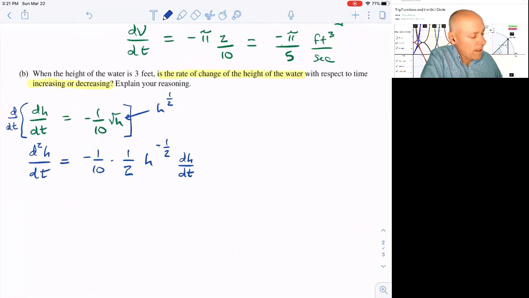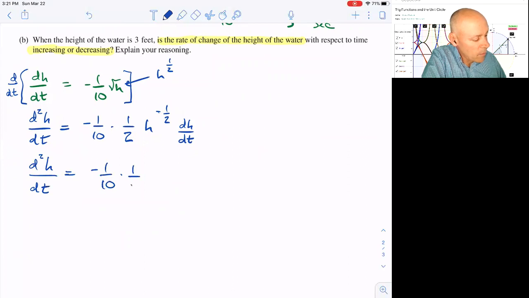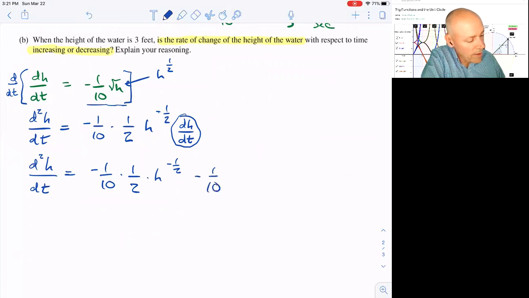All right. So I'm asked to find the rate of change of the height of the water. I'm asked to find if that's increasing or decreasing. So I'm looking at the second derivative. Now if I just write this, negative 1/10 times 1/2 times h to the negative 1/2. And then I'm just going to drop in for dh/dt what I'm given, which is negative 1/10 square root of h.